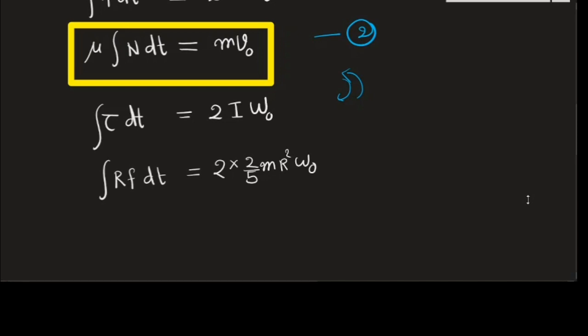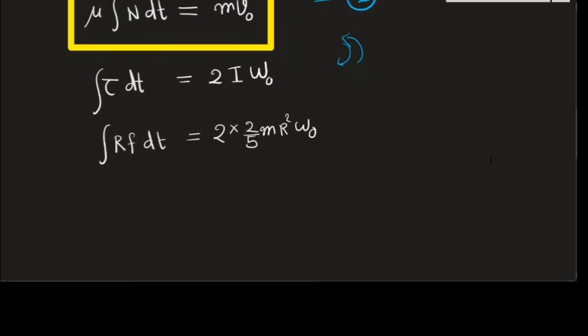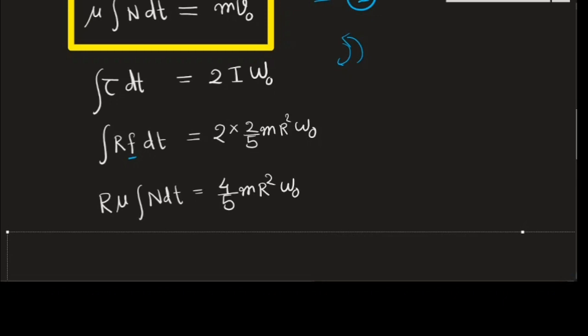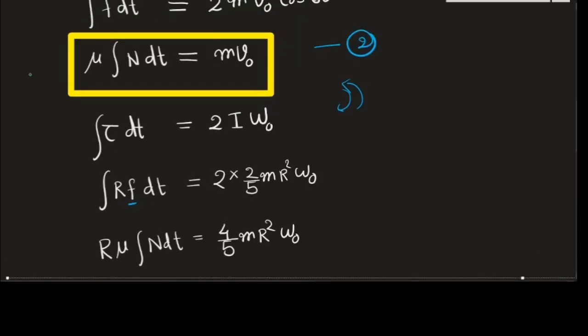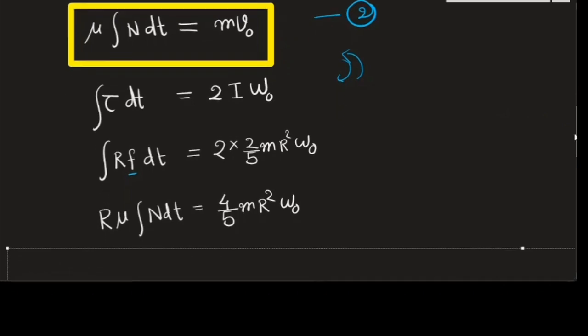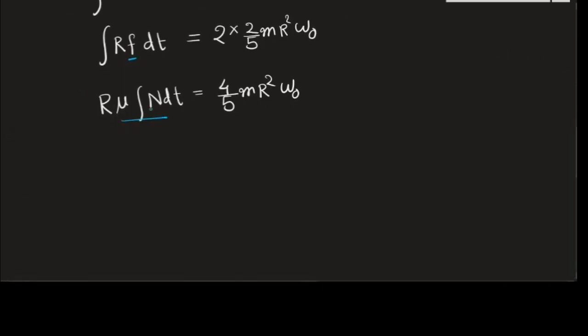The moment of inertia of the solid sphere about the center of mass is 2 by 5 m r square, multiplied by omega naught. And this F is nothing but mu N, because kinetic friction is acting. So if I put in these values, we get R times the integral of mu N dt equal to 4 by 5 m r square omega naught.